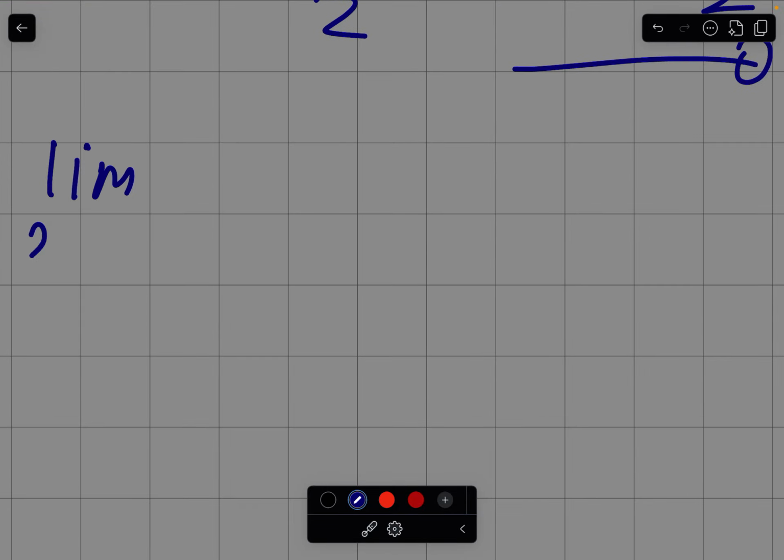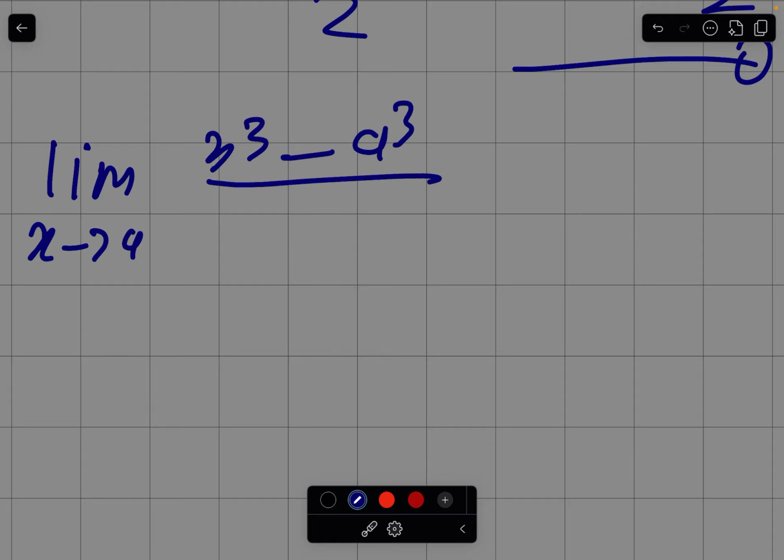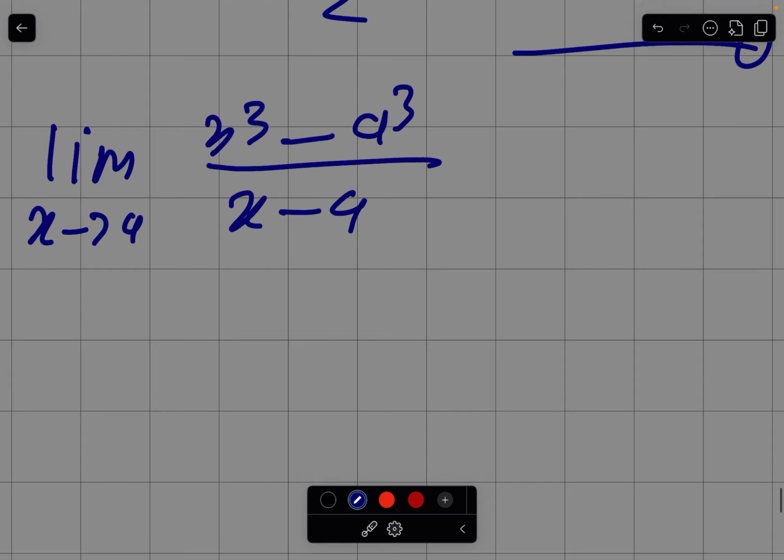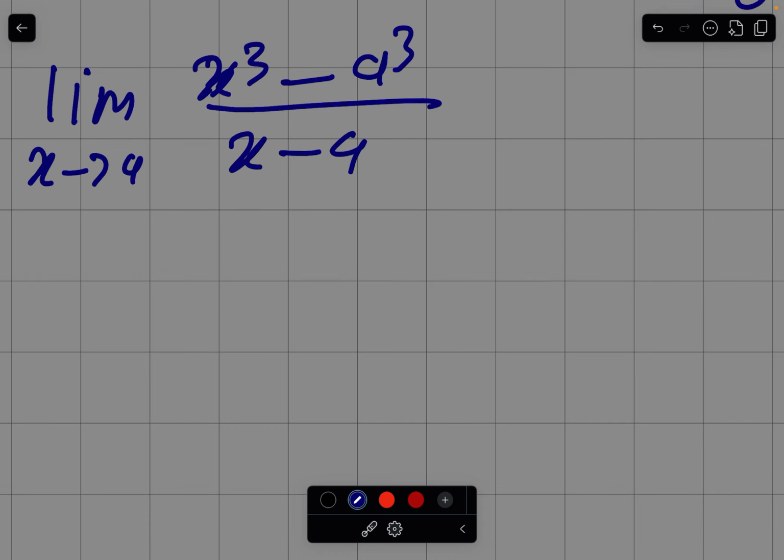The limit as x approaching a of x cubed minus a cubed all divided by x minus a. Understand? You know the formula, so why must you worry?